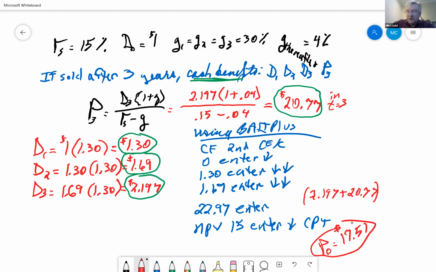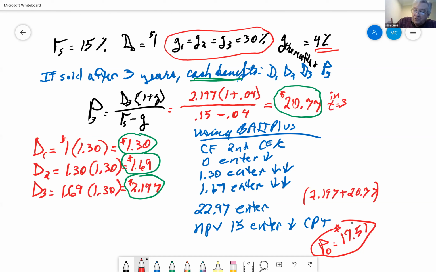When you have a stock that has multiple stages of growth, you assume you don't sell the stock until the start of the constant growth period. Since we've got uneven growth for 3 years, and then it settles into 4% thereafter, we assume we sell the stock after 3 years.